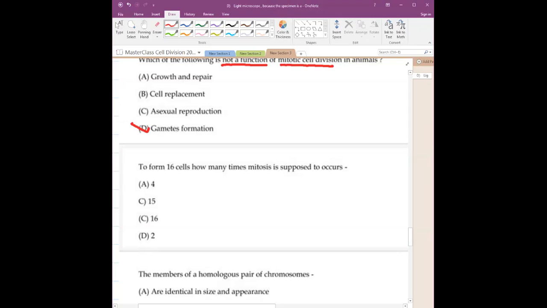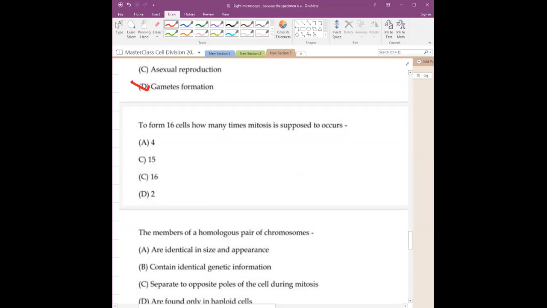Anyways, to form 16 cells, how many times is mitosis supposed to occur? Very nice. Zui has given me the right answer. Yes, everybody is giving me the right answer. This option is actually B. It is going to be 15 times. Why does mitosis have to occur 15 times?